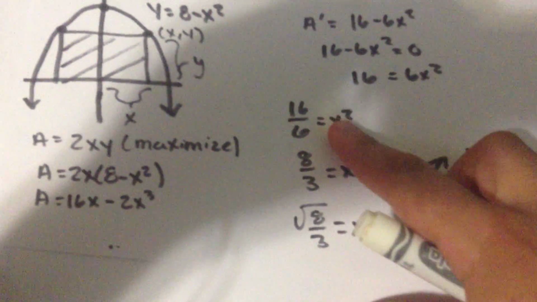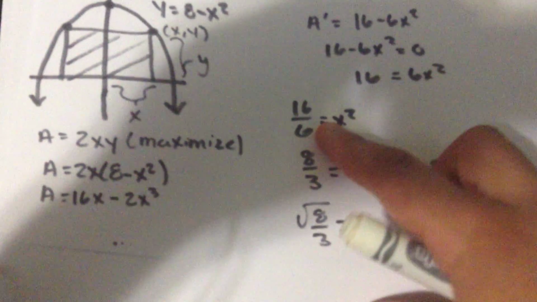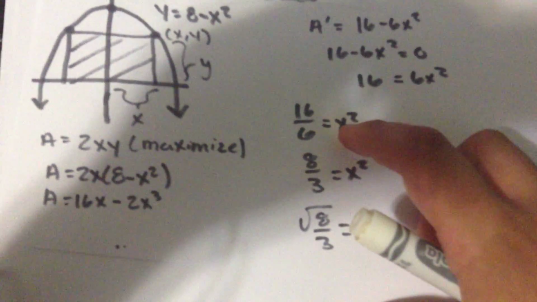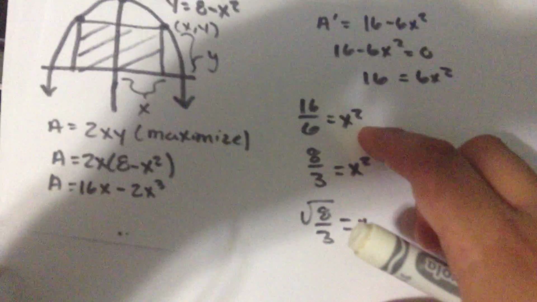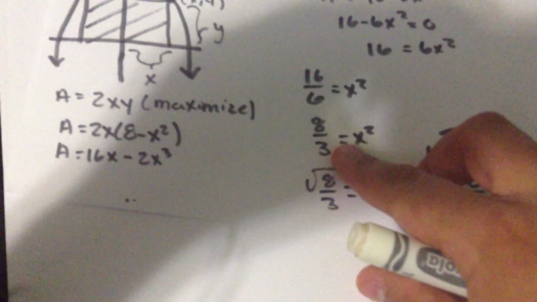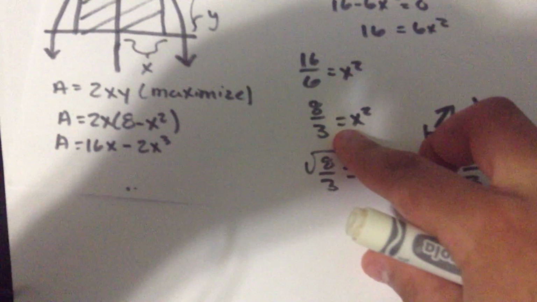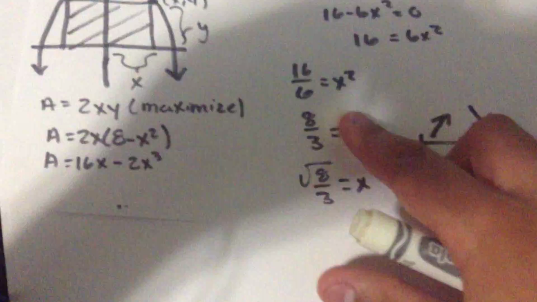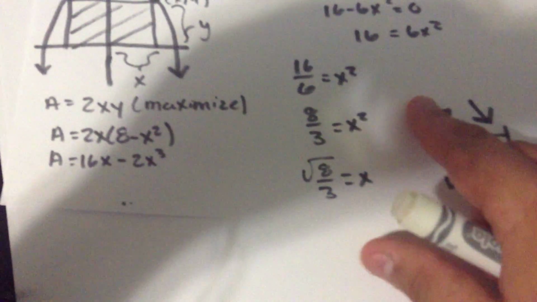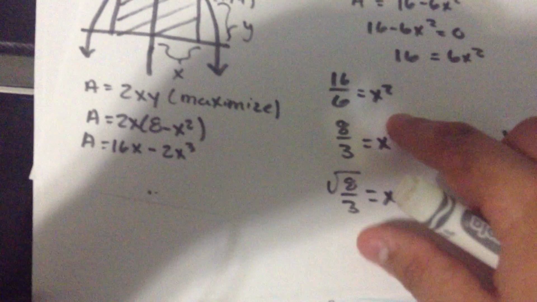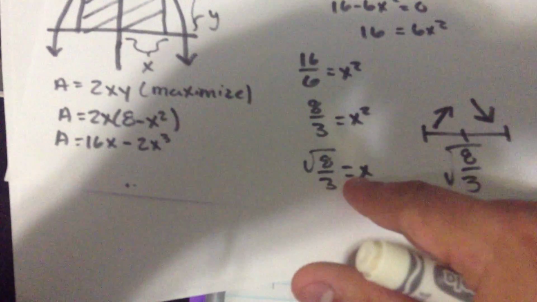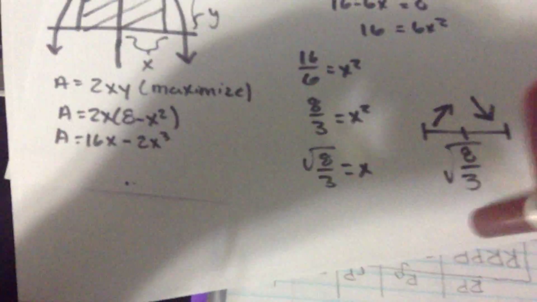So if you divide by 6, you get 16 over 6 equals x squared. And you simplify, it'll be 8 over 3 equals x squared. And when you get rid of that power, it'll be square root of 8 over 3.